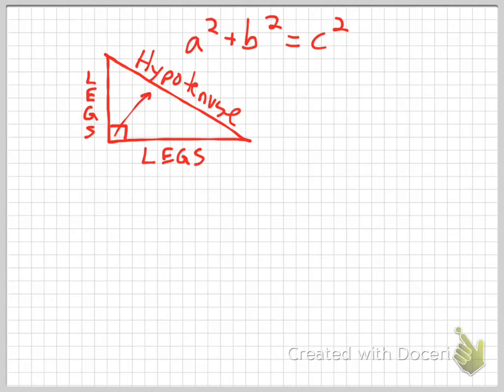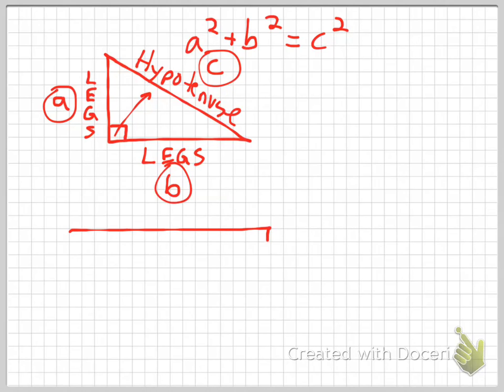Now, here's the deal. When we do this, this is A, this is B, and the hypotenuse is C. Always. I don't care how big the triangle is. This is A and this is B. Why are those two sides A and B?